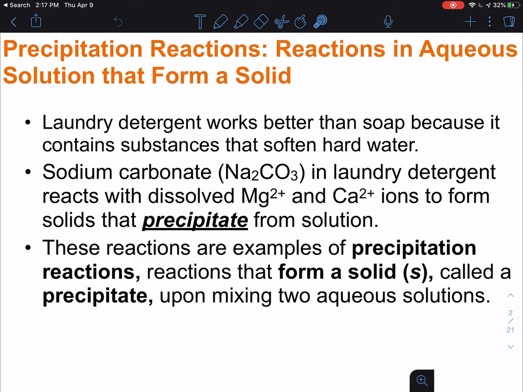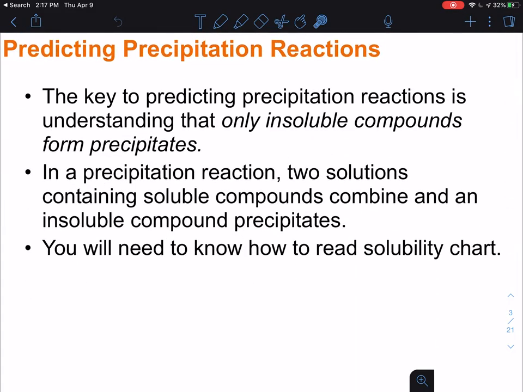These reactions are examples of precipitation reactions, and again, a precipitation reaction forms a solid called a precipitate upon mixing two aqueous solutions together. The key to predicting precipitation reactions is understanding that only insoluble compounds form precipitates, so that is why it's important to know how to read that solubility table.